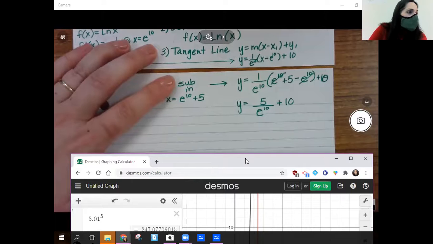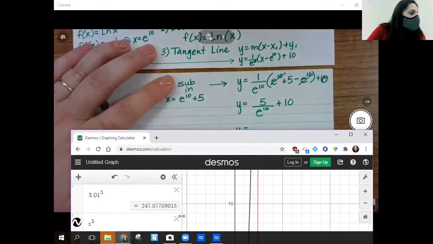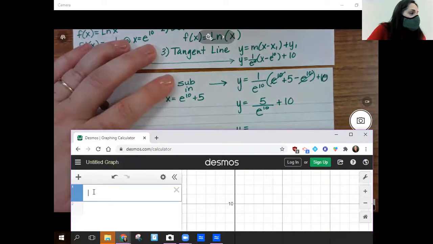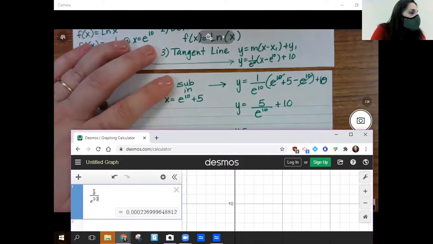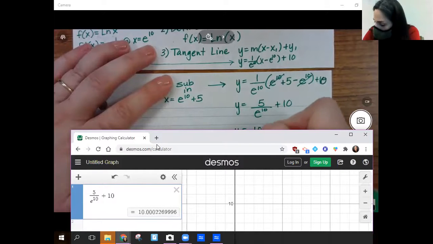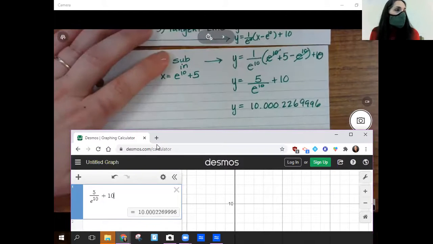So if I actually plug that in, what does that give us? 5 over e to the 10th power plus 10. So it's basically 10.0002269996. Okay.